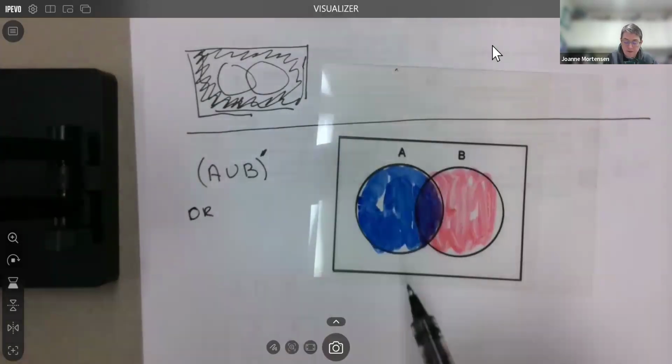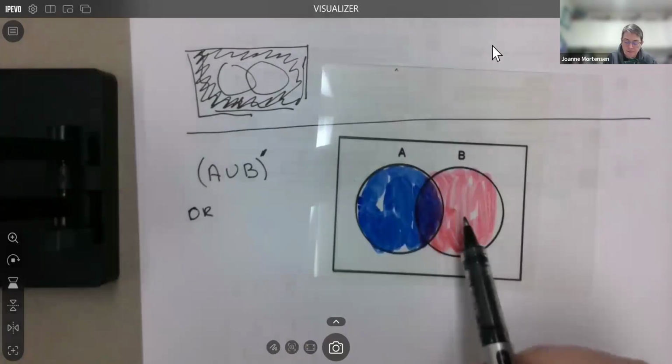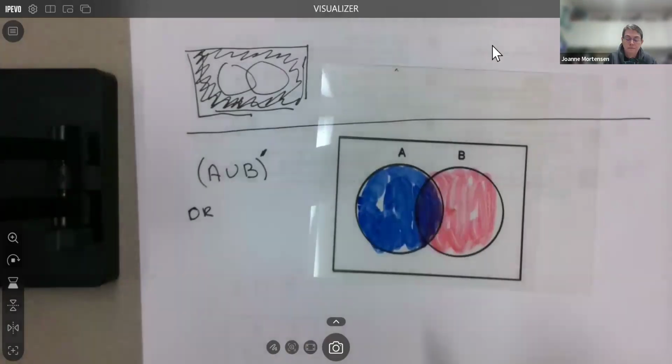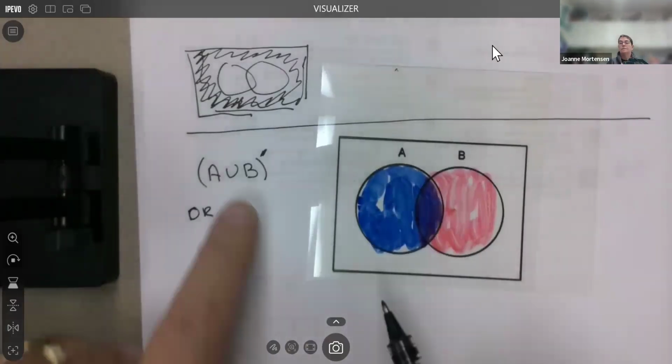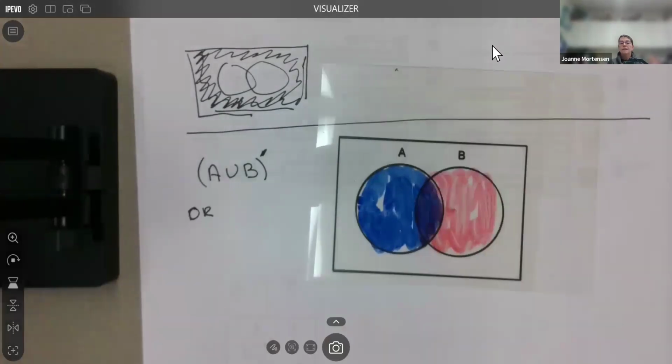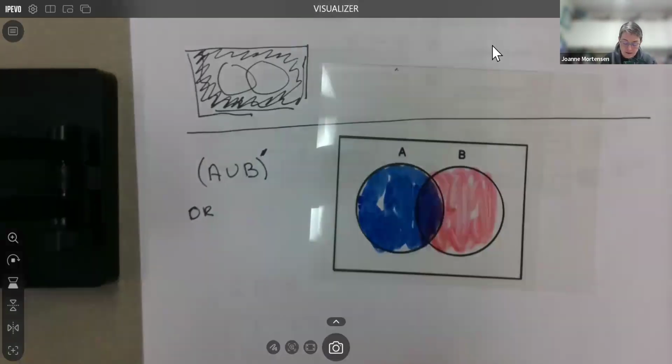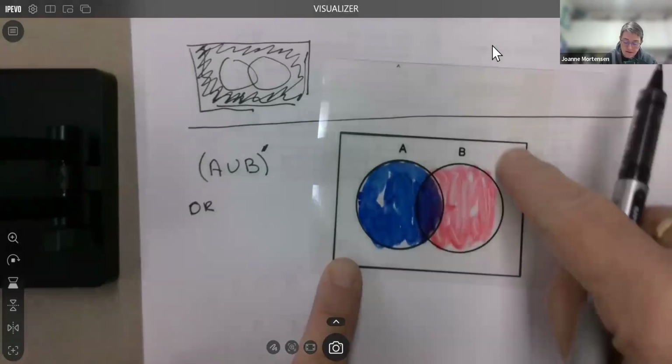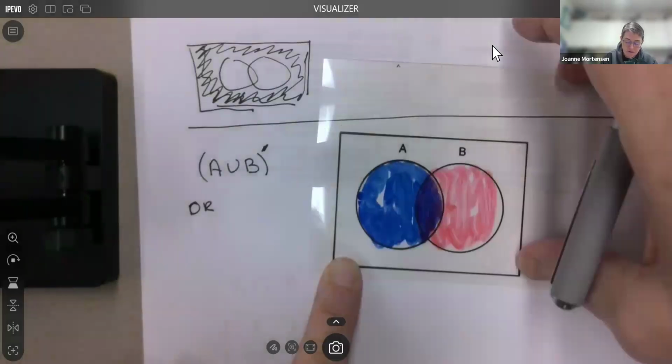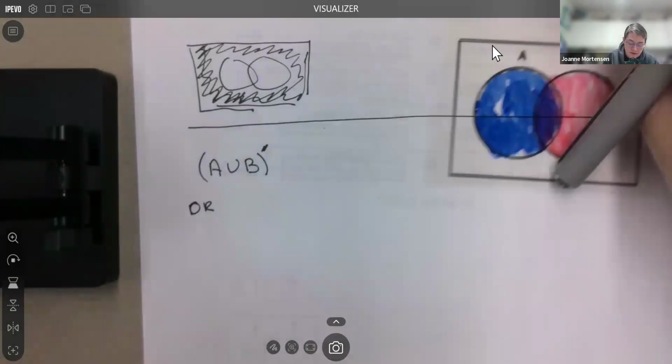So blue's good, red's good, both are good. But that's the center part. So what we need to look for is basically what isn't colored right now. And you'll notice that it's the outside edges. So let me just draw that.